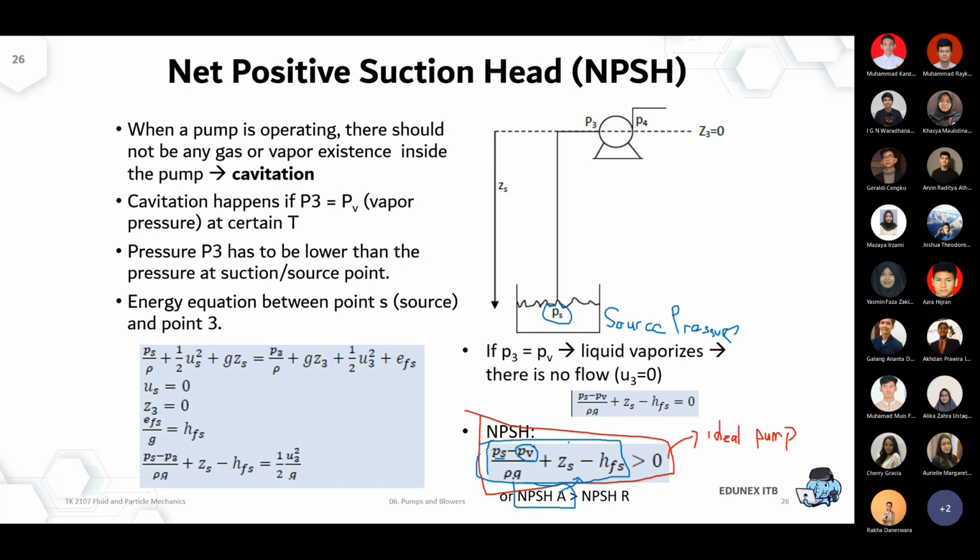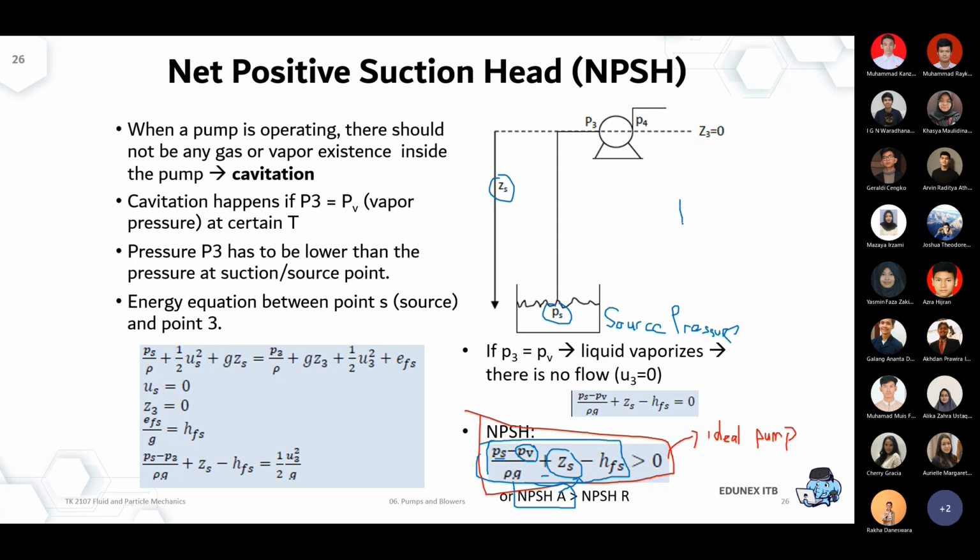Okay, and then we have the elevation. It should actually be plus minus. It could be plus, it could be minus. I will explain it in the next slide. It depends on the location, whether we have a pump above the source tank or the other way around.